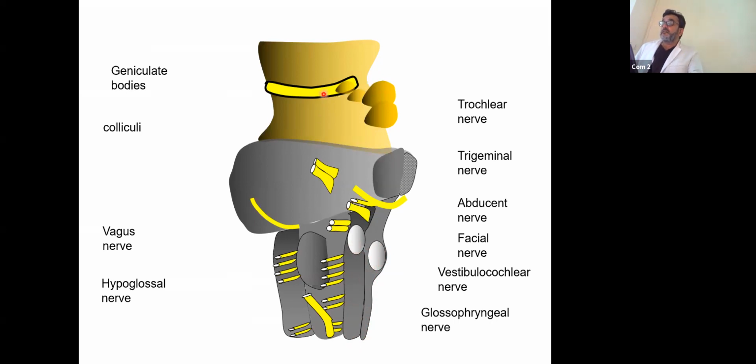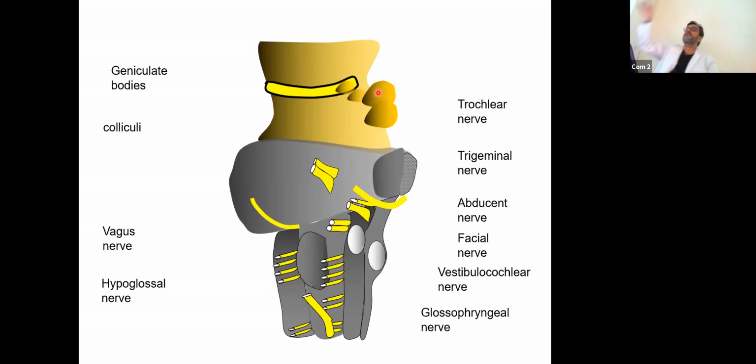Laterally, on the upper part of the pons, you are seeing the motor and the sensory rootlet of the trigeminal. And then if you see the lateral part of the midbrain, this is the cerebral peduncle. You can see two upper collar-like elevations and two lower collar-like elevations. These elevations are the superior colliculus and inferior colliculus.